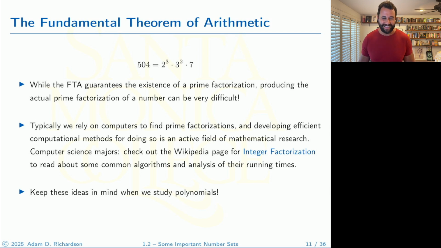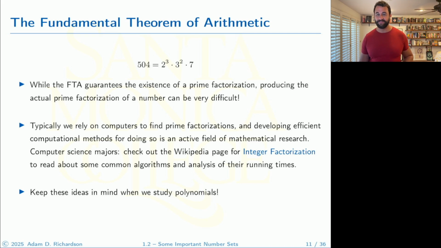Here's the catch, and maybe you feel this when you try to do it yourself. The fundamental theorem of arithmetic guarantees the existence of a prime factorization, but producing the actual factorization can be extremely difficult, especially if the number is huge. Imagine the most gigantic number you could imagine, and then try to factor it.